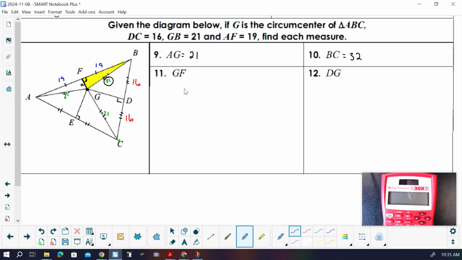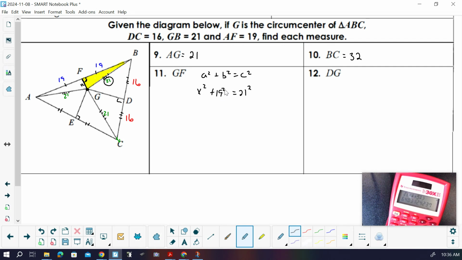So if I set up the Pythagorean theorem, a squared plus b squared equals c squared, the c is the hypotenuse. So in this case, the 21 is what goes over here by itself. The a and the b are the two legs, in this case the x and the 19. It doesn't matter the order, I'm just going to put the x first and then the 19.